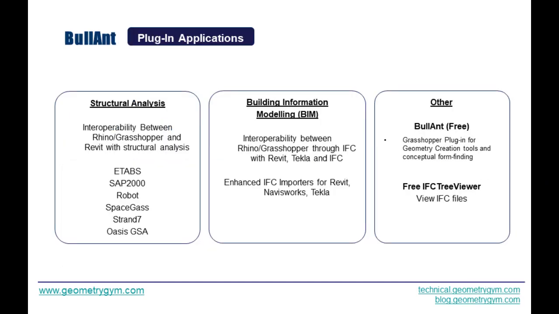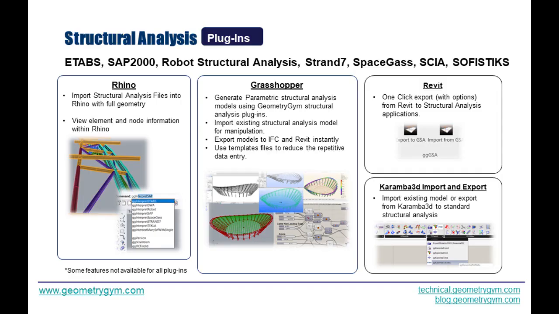Here's some more of the plugins we have. In terms of our Rhino and Grasshopper plugins, you can import structural analysis files from any of those programs into Rhino to get the geometry. If you don't have that structural analysis software installed, you can import it into Rhino, zoom around it, and manipulate models.